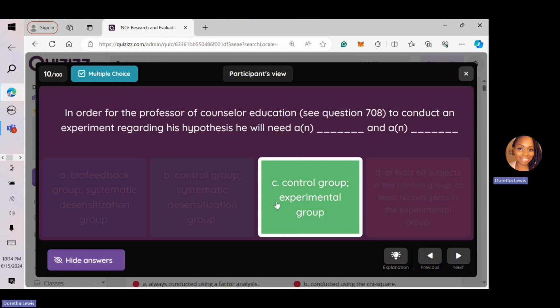Is the experimental group, right? And keep in mind that it's also the dependent variable, right? Just make sure you know it's not three kinds of groups, but it's just two groups, right? So the control group doesn't get any kind of manipulation because they're there to compare the two groups together to see if there is a difference between the experimental group and the control group.